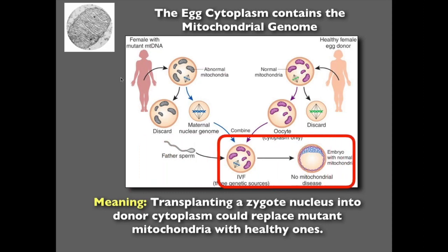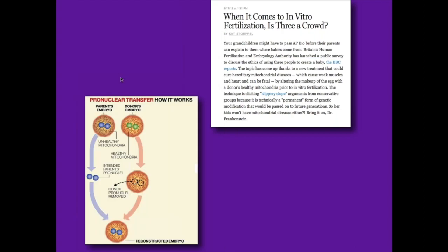And if it went well, you would then develop an embryo with the nuclear genome of mom and dad, but the cytoplasmic genome, the mitochondrial genome of that donor. And that way there would be no mitochondrial disease. It's a kind of human genetic engineering that could eliminate a mitochondrial genetic disorder.